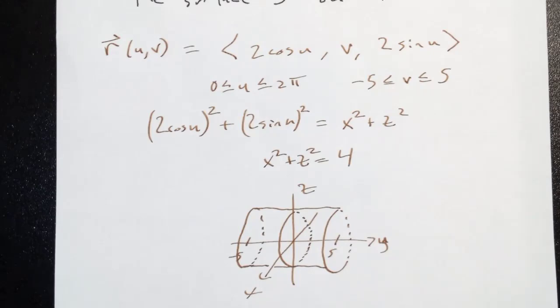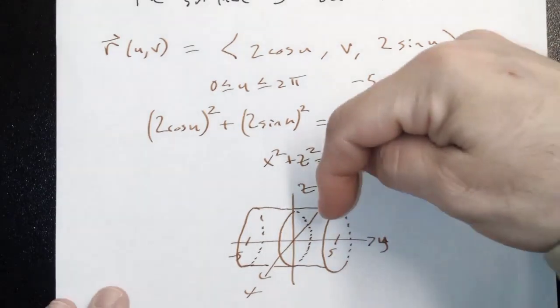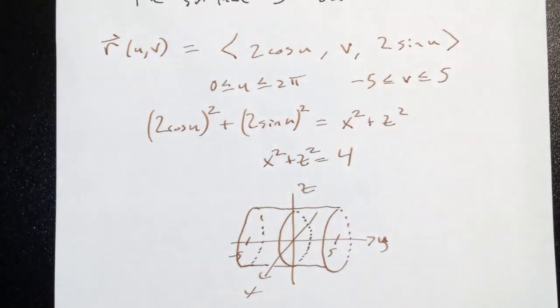I move along the cylinder from left to right, yes? If I fix v, then I fix a y value. What happens as u changes? I'll go around the circle.